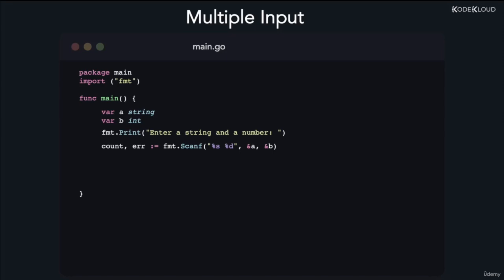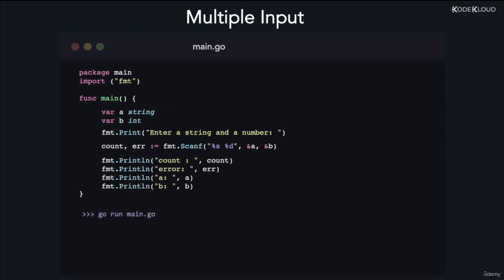But the thing to note here is that messing up with format specifiers or incorrect arguments will also throw you an error. Over here, we print the return values from the scanf function and our two variables. Now, during our input, we pass in a string, but instead of passing an integer, we pass a string again. So it was expecting a string and a number, but we passed two strings instead.